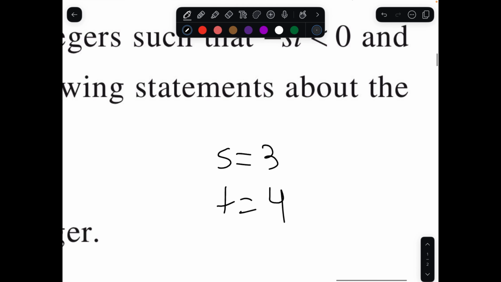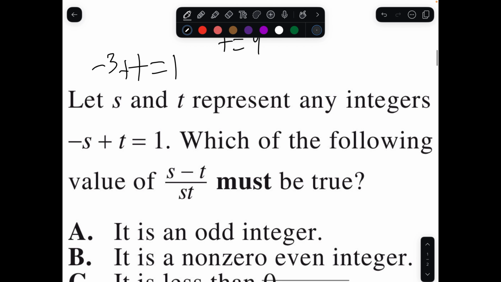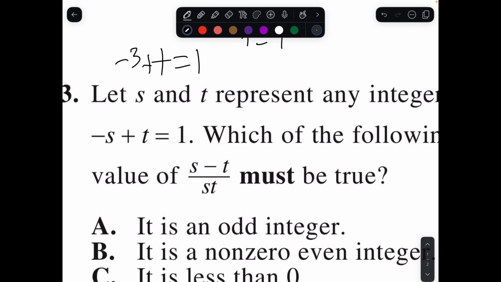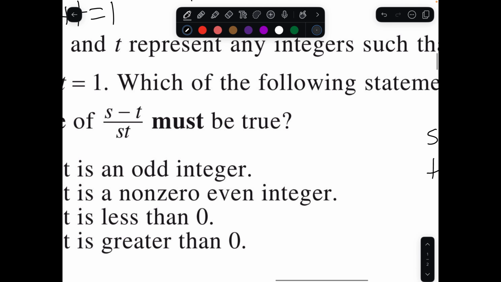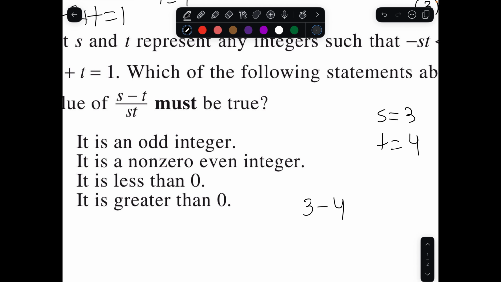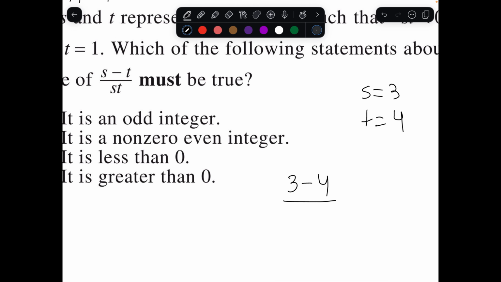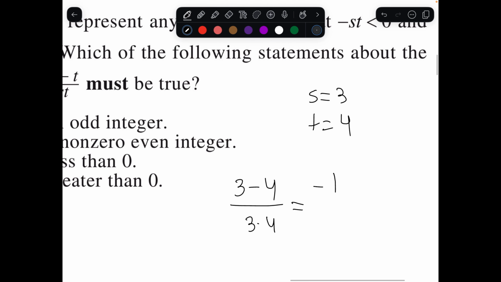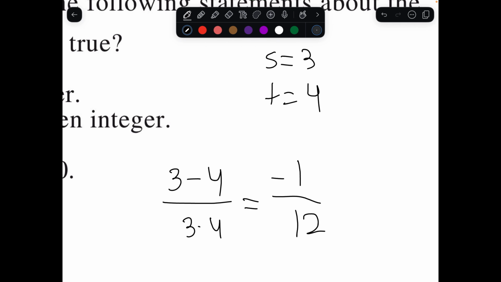Let's plug in s equals 3 and t equals 4 into s minus t over st. So 3 minus 4 over 3 times 4, negative 1 over 12. Now let's look at the answer choices.